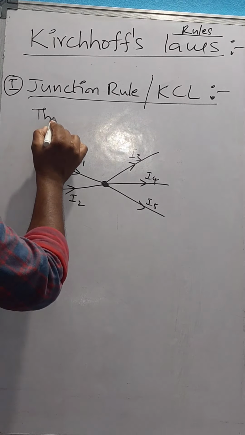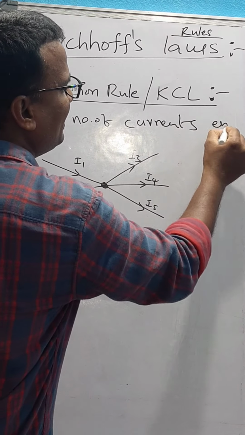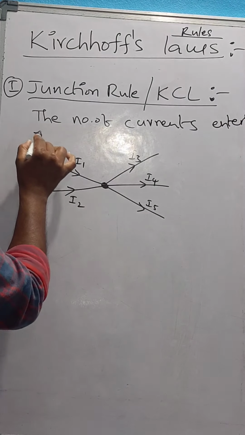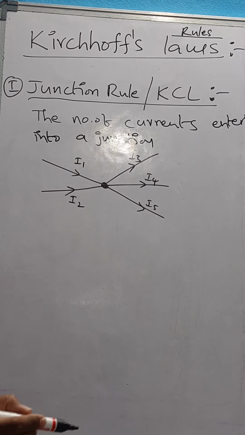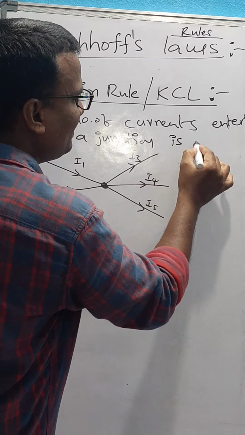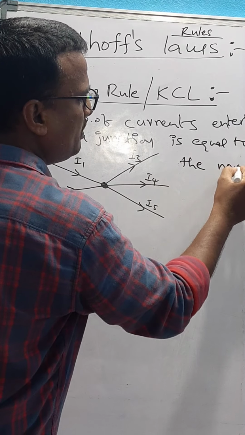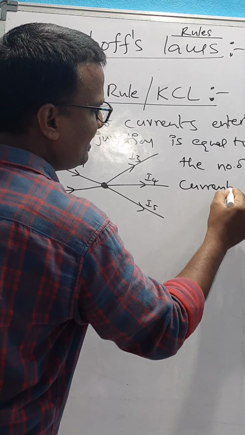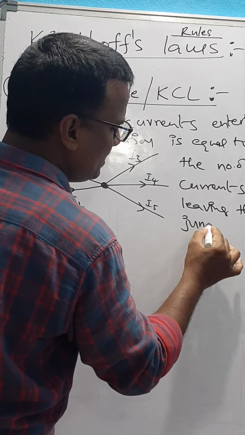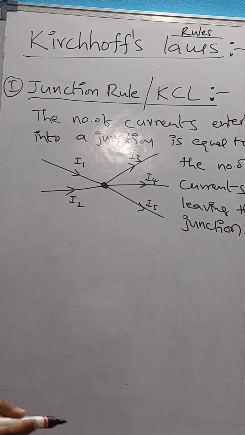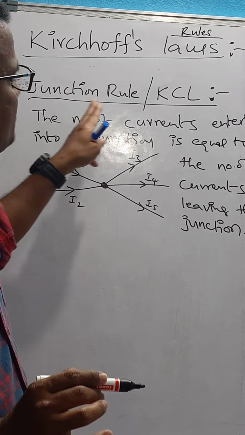The number of currents entering a junction is equal to the number of currents leaving that junction. So this is the statement of Kirchhoff's junction rule.